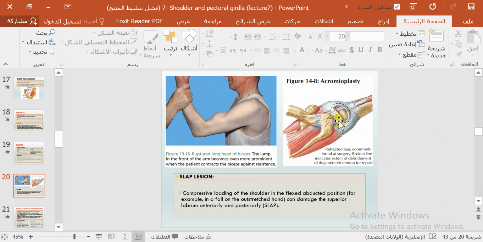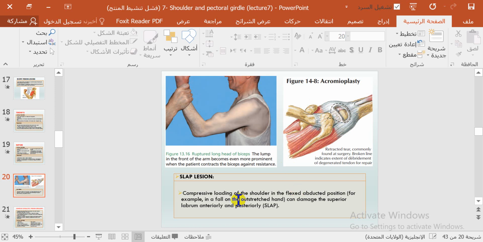The underneath of the acromion is rough, and you need to make it smooth, irrigate, and smooth the surface and debride it by arthroscope or by open methods. That's called acromioplasty. SLAP lesions.